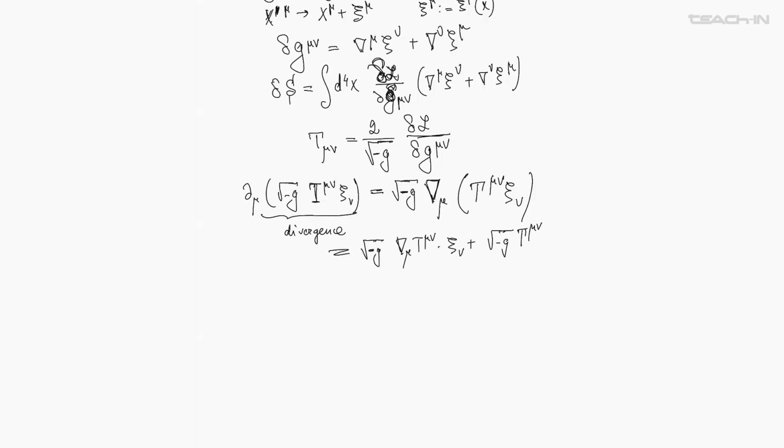And so this means that in fact you can now come back to this formula here and rewrite the variation δS by integrating by parts.